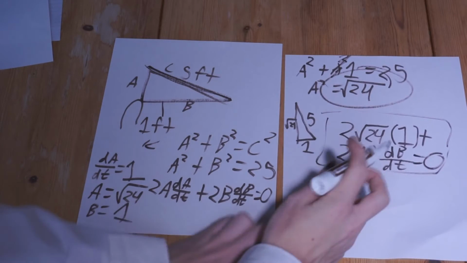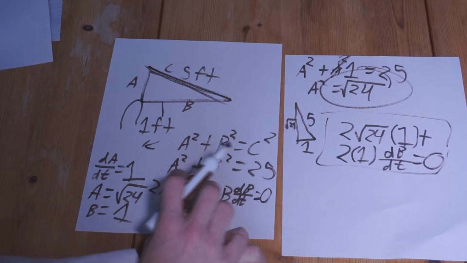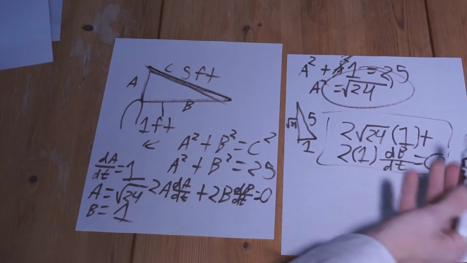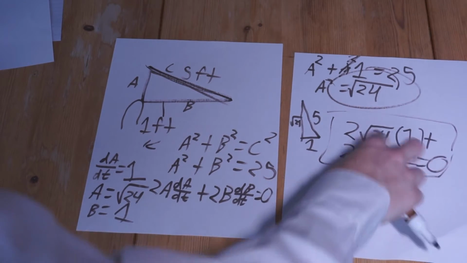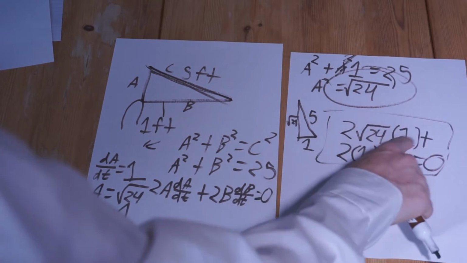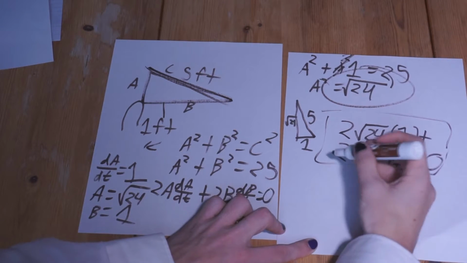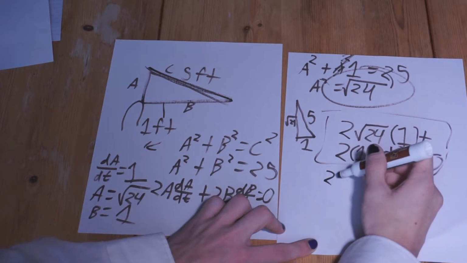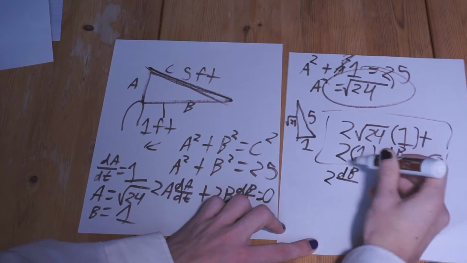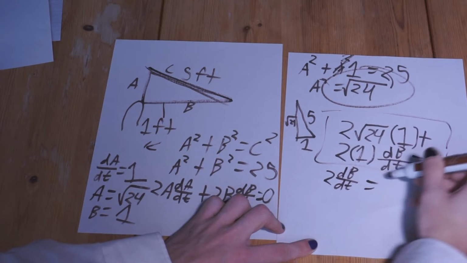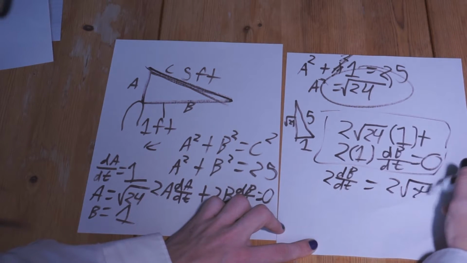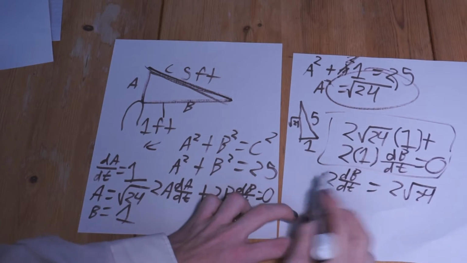Yep. Because this is all one equation, let's solve for dB over dt. That's what we're trying to do. So to do that, we have to subtract this. Right now, the equation will look exactly like 2 dB over dt equals 2 root 24.